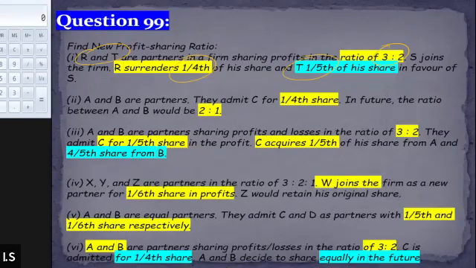R's new share will be 7/20, T will be 4/20, and S will be 9/20. I'm not sure whether this answer is right. Could you please repeat one more time? Ours is 7/20, T is 4/20, S is 9/20.